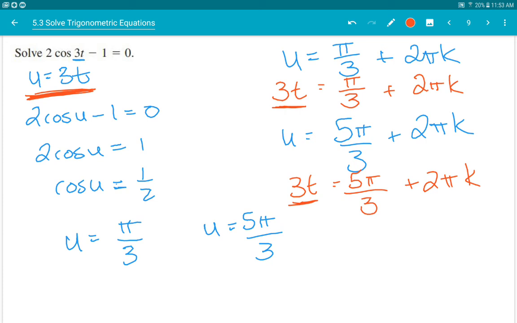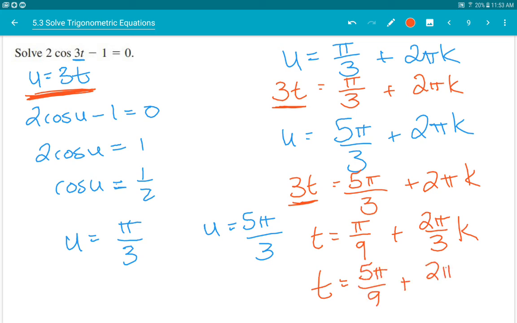So what should we do on both sides of this equation to solve for t? I need to divide by 3. That's going to give me t equals pi over 9 plus 2 pi over 3 k, and 5 pi over 9 plus 2 pi over 3 k. So these are the actual solutions for t.